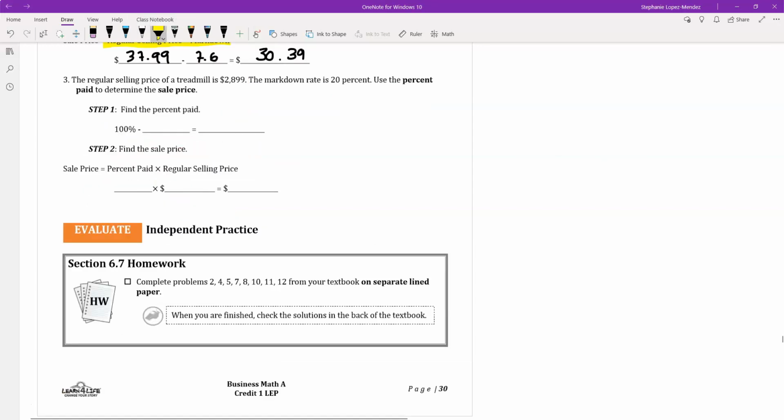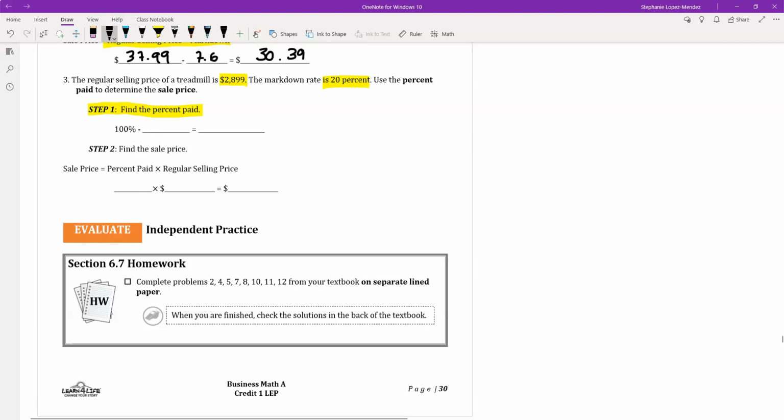It says the regular selling price of a treadmill is $2,899. Our markdown rate is 20%. And it says use the percent paid to determine the sale price. So on step number 1, we find the percent paid. One of the formulas in this section is how to find our percent paid.